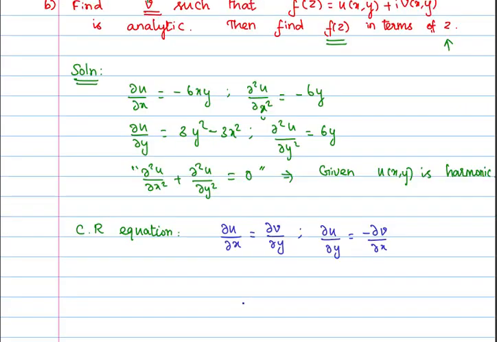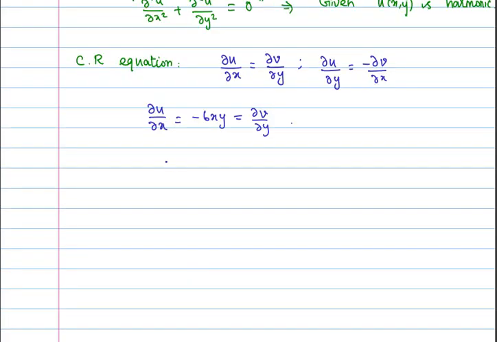So what is du by dx? Du by dx is minus 6 times xy, and this is equal to dou v by dou y. To get v of x comma y, I am going to integrate partially with respect to y.